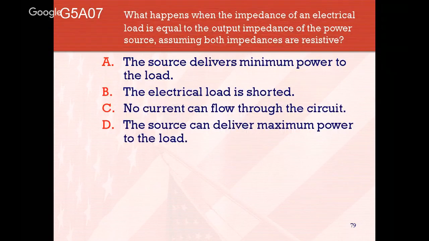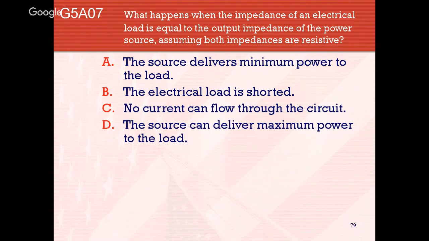So what happens when the impedance of an electrical load is equal to the output impedance of the power source, assuming both impedances are resistive? We're talking about a specific resistive load here. And if the impedance of an electrical load is equal to the output impedance of the power source, assuming both impedances are resistive, think about this: your power source being your transmitter and your electrical load being your antenna.